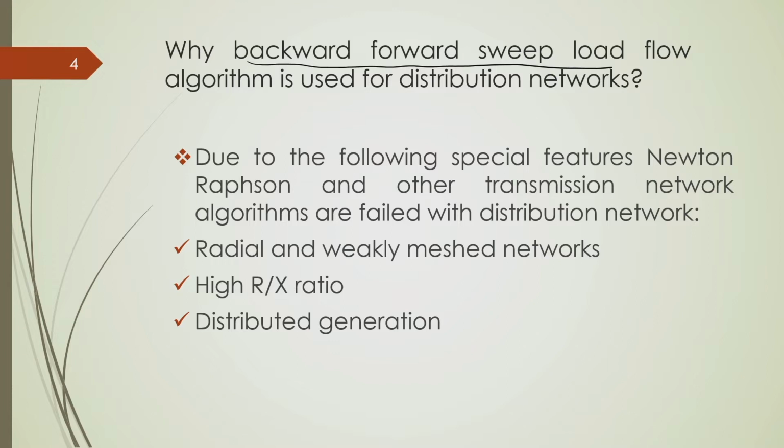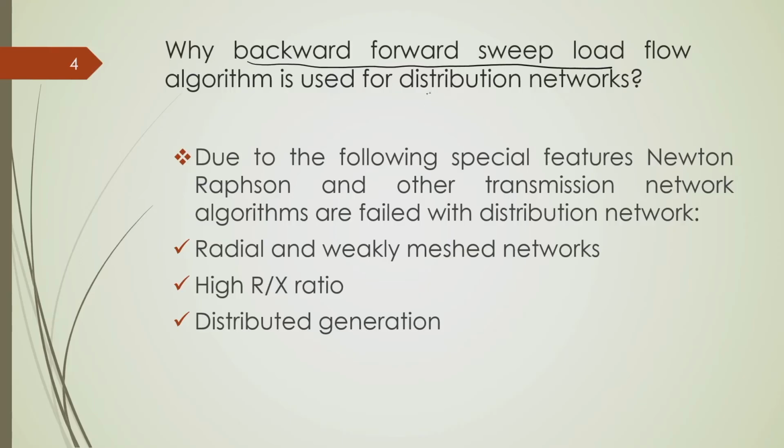Now, in this particular lecture, I will focus on the forward backward sweep load flow algorithm or backward forward sweep load flow algorithm, which essentially have the same meaning. This is useful only for radial distribution networks, because as I discussed in module 2, there is a difference between a radial distribution network and conventional power transmission systems.